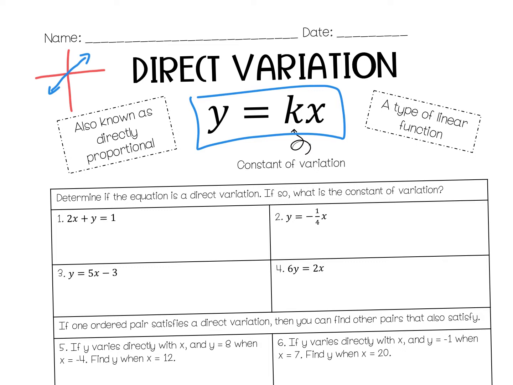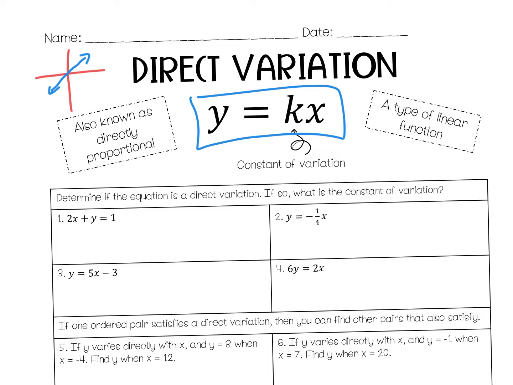All right, so determine if the equation is a direct variation. If so, what is the constant of variation? We can call it the constant of proportionality, or we can call it the constant of variation. Let's do the first one. We're going to write it in slope-intercept form.